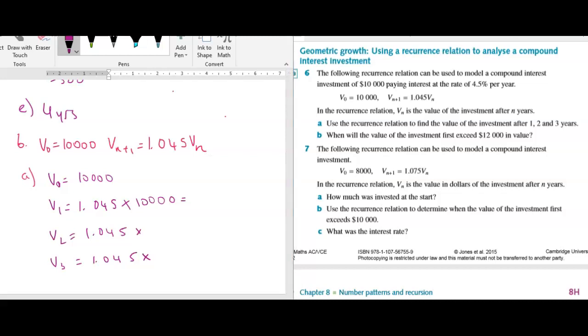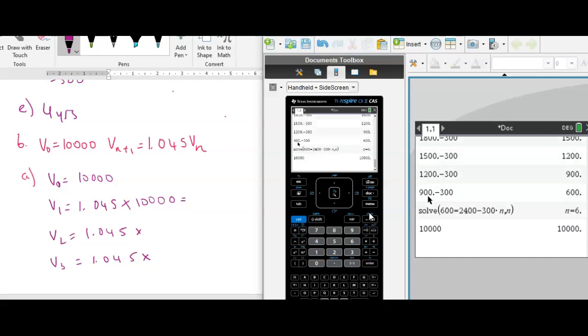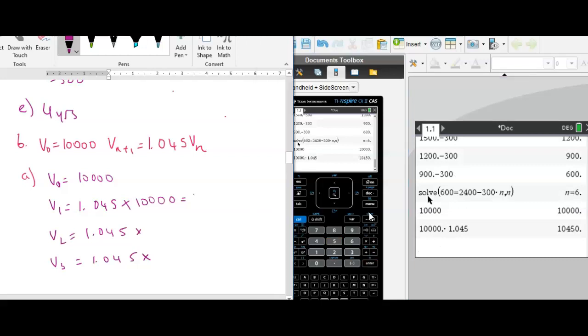It's a little bit different to arithmetic, which I can easily do in my head. So we're starting off with 10,000. Multiply that by our common ratio, which is 1.045. So our first one is 10,450. So I've got to bring that down to V2.